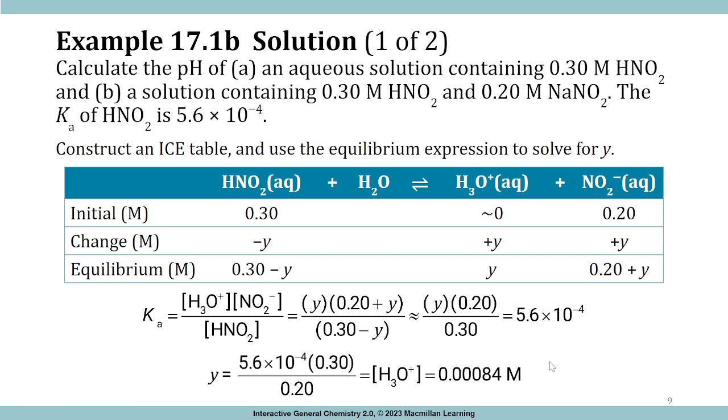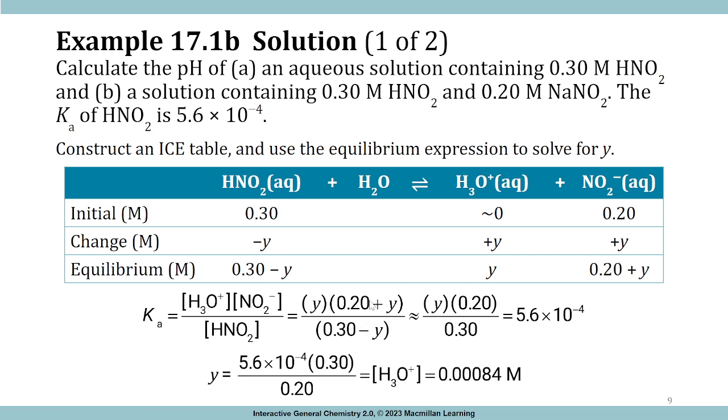Okay? And then we're going to take 0.3 minus y. This is y here. This one's 0.2 plus y, isn't it? Okay. And so we plug that into our Ka expression that we already generated before. And that's going to give us y times 0.2 plus y divided by 0.3 minus y.